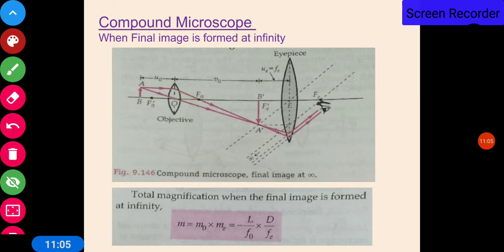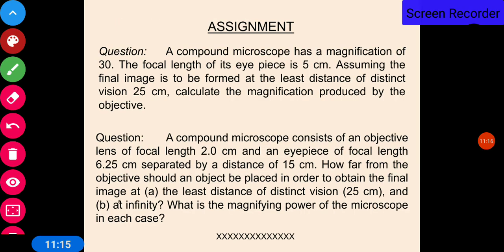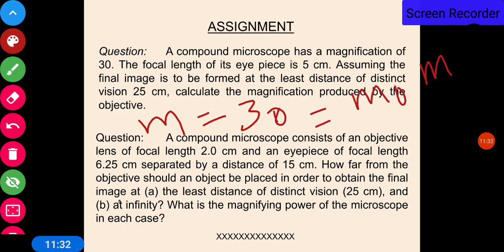And in that case the total magnification m is equal to MO into ME will reduce to minus L upon F naught into D upon FE. These are the two numericals. A compound microscope has a magnification of 30, so it means this is m. So m is equal to 30, and m is equal to MO into ME.